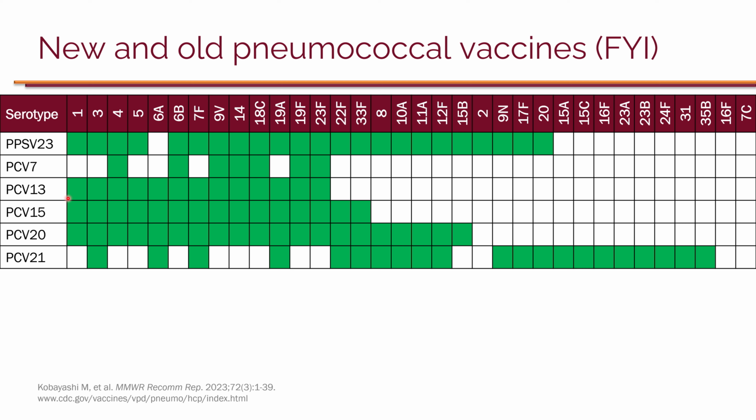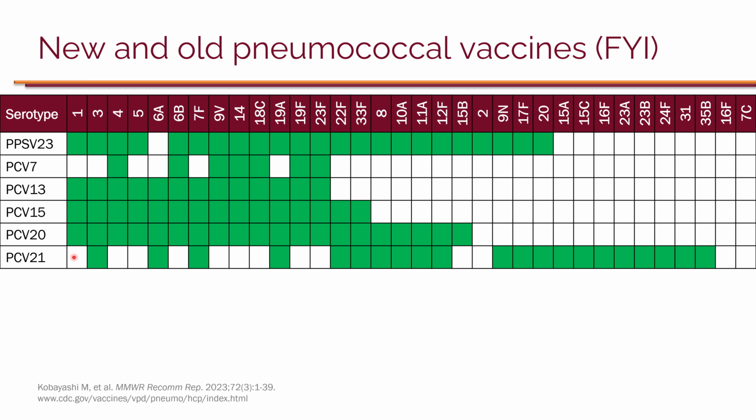So PCV 13, which is still on the market, covers 13 of these. PCV 15 added 2 more to PCV 13, and then PCV 20 added even more to PCV 15. Now, one thing that's interesting, the latest one, PCV 21, is not necessarily adding to the previous one.